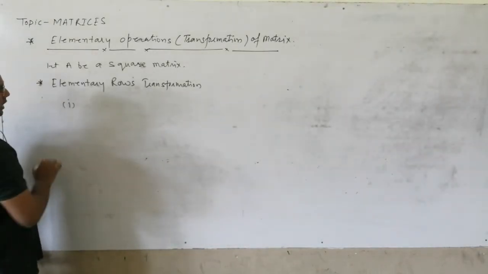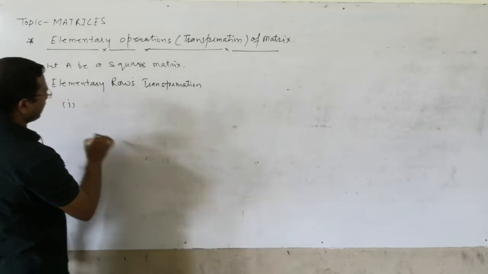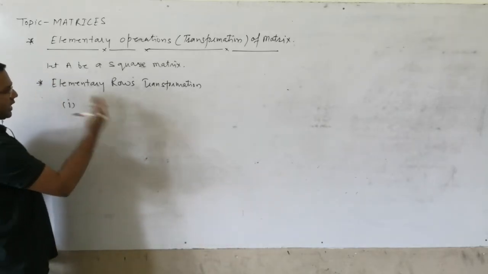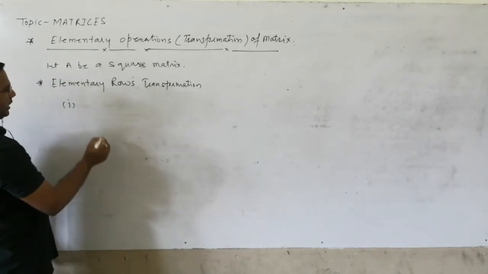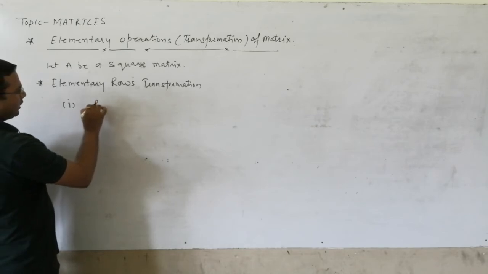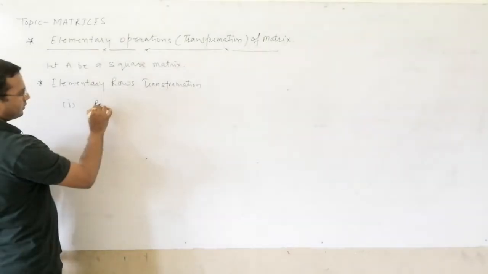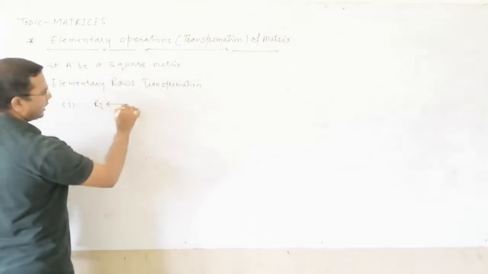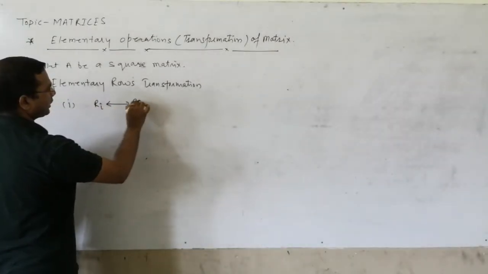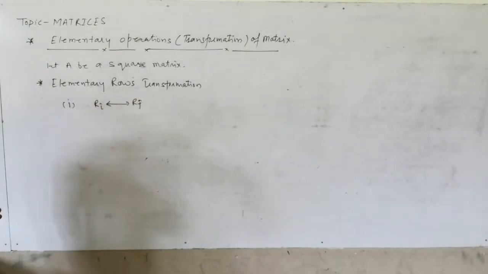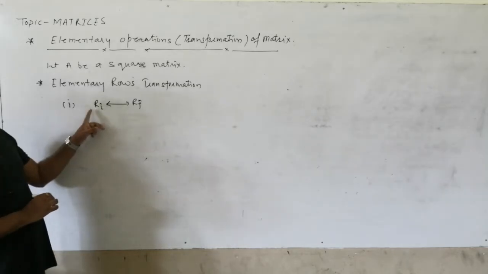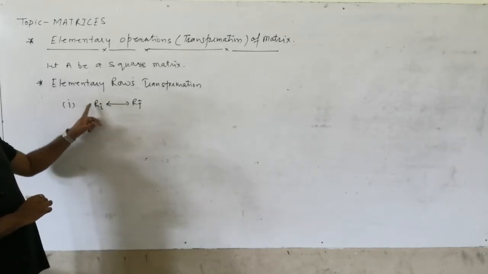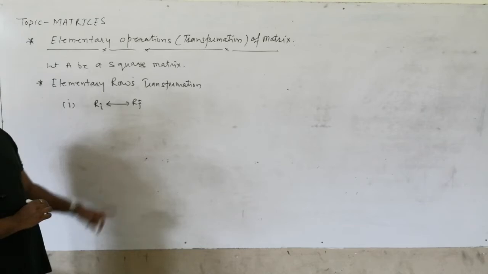Number 1, if there is one matrix given, any 2 rows of that matrix you can interchange. Suppose this is row Ri, this row we can interchange with another row of the same matrix. This operation is represented by Ri interchange with Rj.